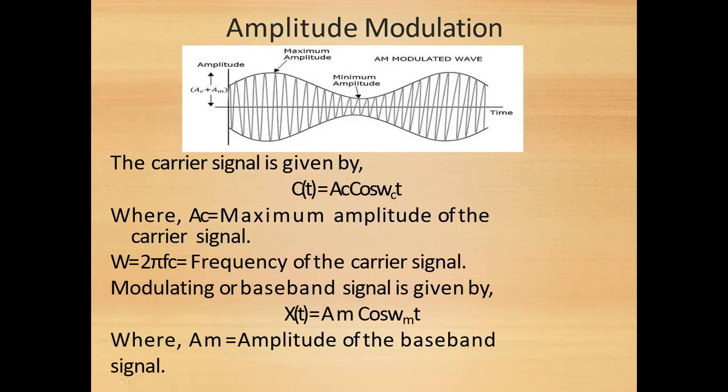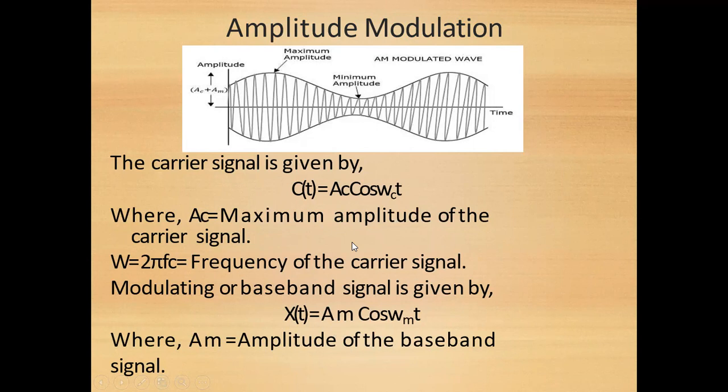C of t equals AC cos omega C t. What is AC here? AC is the amplitude of the carrier signal. Omega C is the angular frequency of the carrier signal, where omega C equals 2 pi fc. This is the representation of the carrier signal.